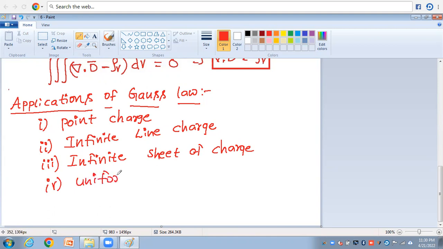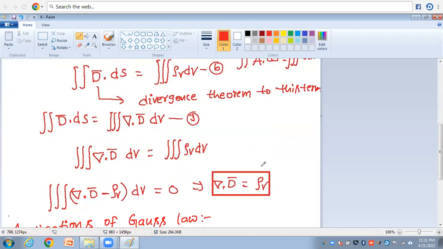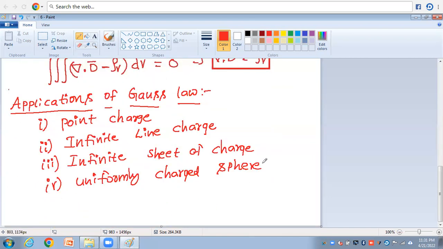These four are the best applications of this Gauss law. I will discuss one by one in detail.